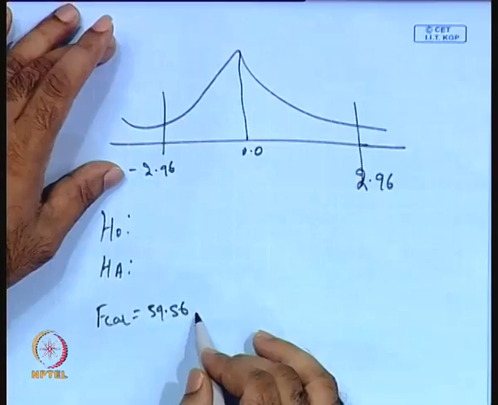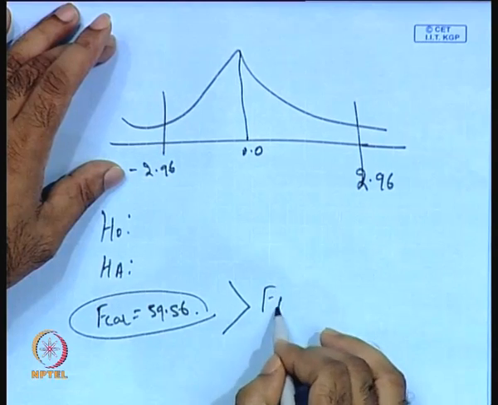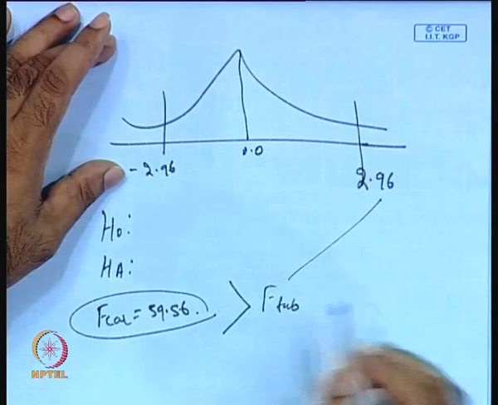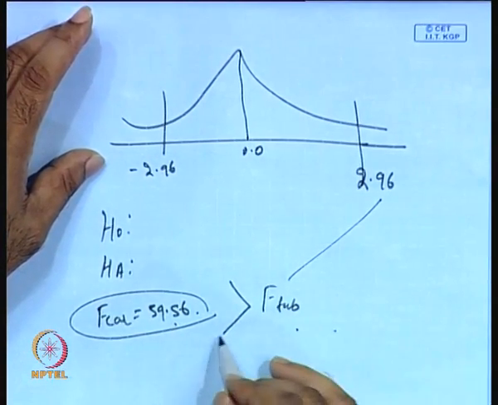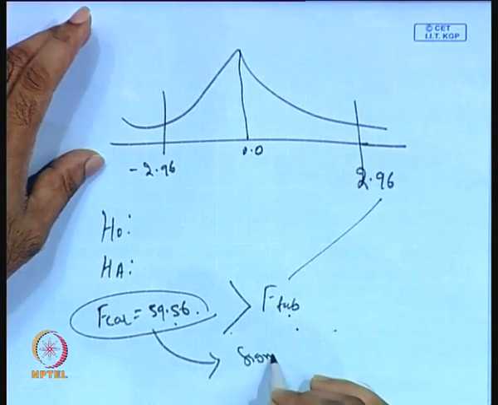So, this particular structure will be like this. We want to know what F calculated is and what F tabulated is. Let us assume F tabulated is 2.96, calculated with respect to degrees of freedom. Since the calculated value is greater than the tabulated statistic, we can conclude that it is statistically significant.